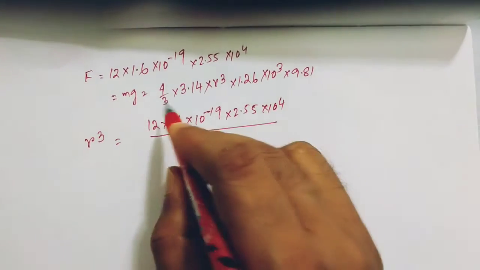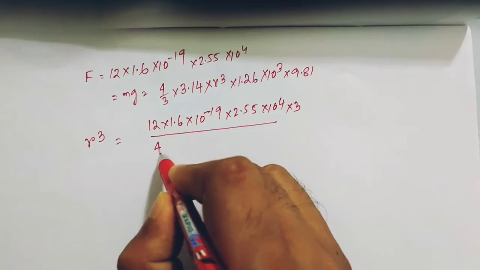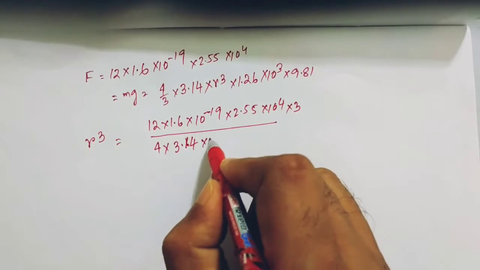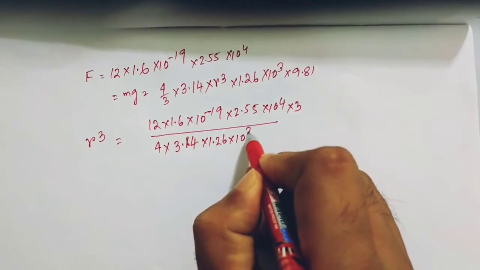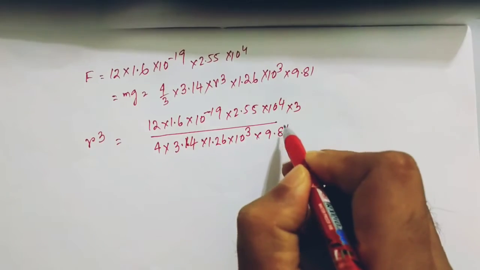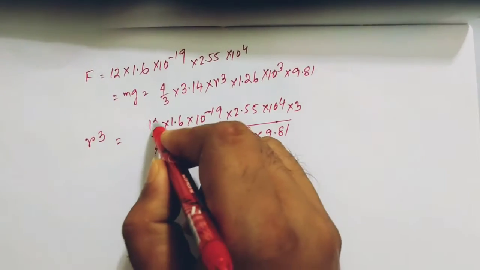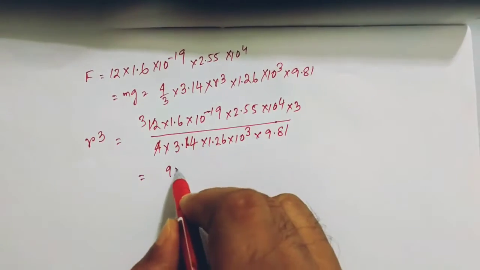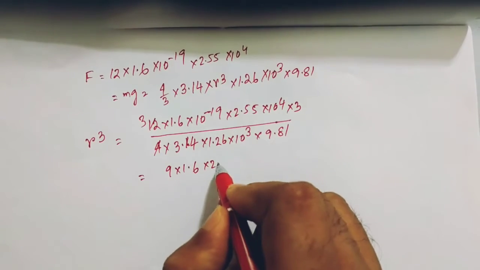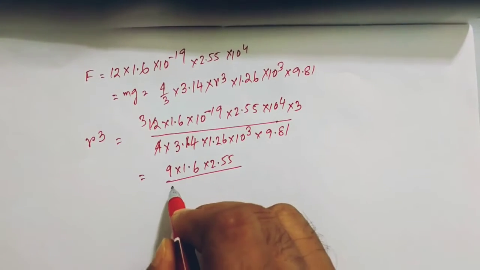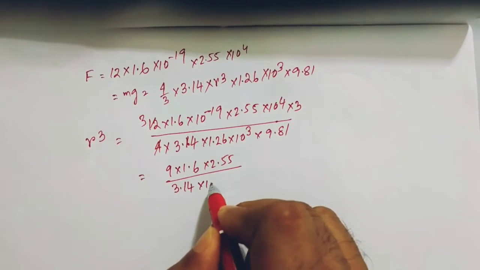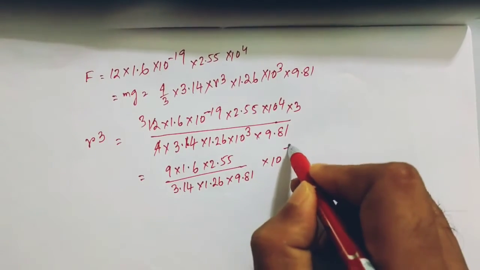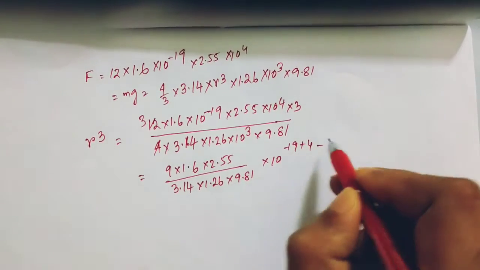Then this will be up into 3 over 4, all will now come to the denominator. This is 3.14, then 1.26 into 10 raised 3 into 9.81. So for 3 it is 12, so this is coming 9, 3 3 is 9 into 1.6 into 2.55 over 3.14 into 1.26 into 9.81, and 10 raised minus 19 plus 4, then minus 3.